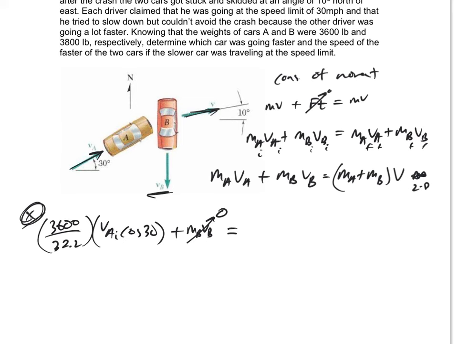So that would be equal to, so the final, on the right-hand side, they're moving together, stuck together, 3,600 pounds plus 3,800 pounds stuck together, divided by 32.2, times, I don't know their final velocity, but I do know that it is at this angle of 10 degrees.